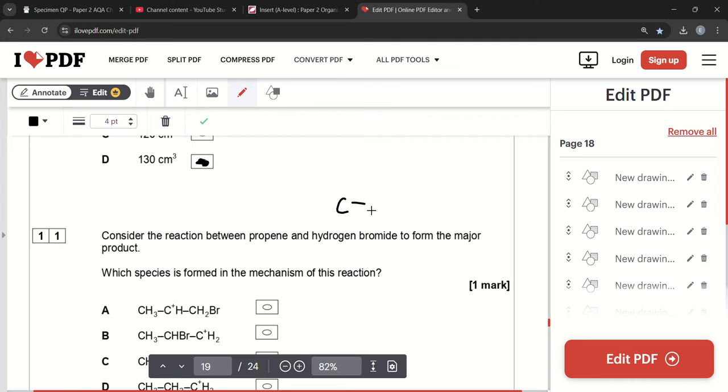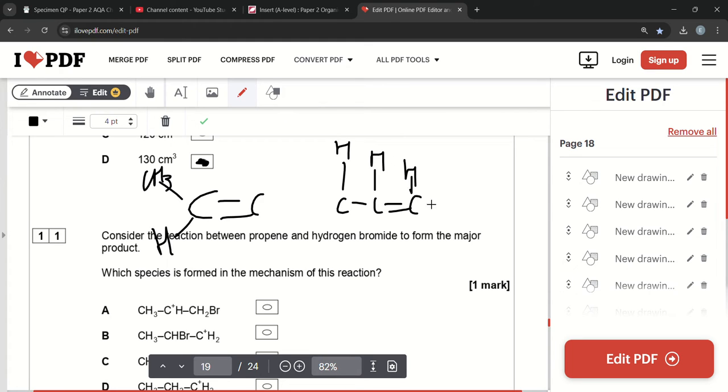Propene has a double bond, CH3, H. Hydrogen bromide, H, Br, hydrogen partial positive, bromine partial negative, transfer electrons to there.